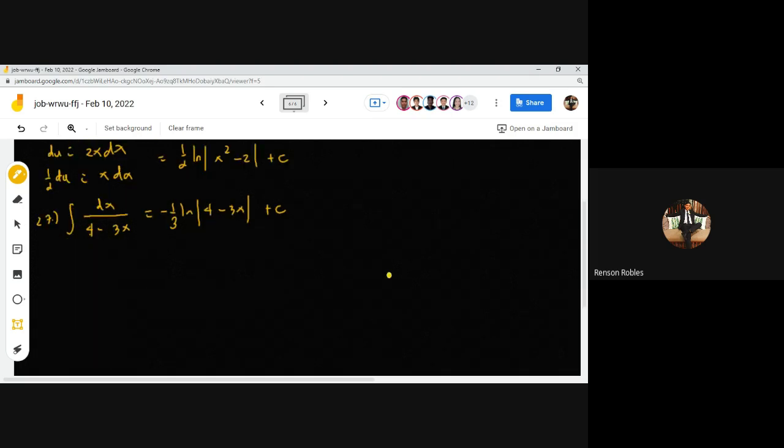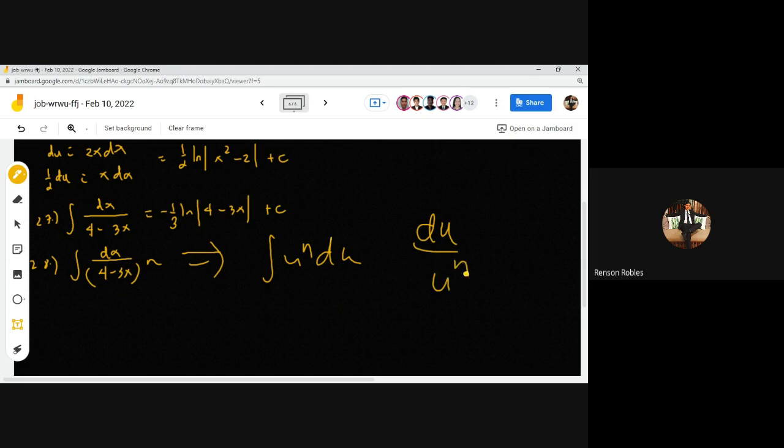Now, if there is a power here, 28, if 4 minus 3x is raised to any power, it will not give you ln. It goes to u to the n du, particularly du over u to the n. It will not give you ln because 4 minus 3x has a power.